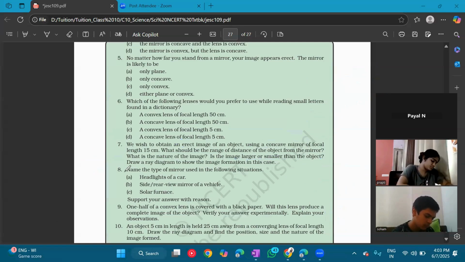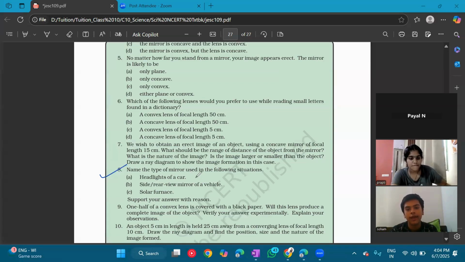Now, as you remember yesterday again, I told you this type of question will be asked. Name the type of the mirror. Come on, now you're going to tell me. Headlight of car, which type of mirror is used? Concave. Yes. Concave. Rear view, convex. Solar furnace, concave.